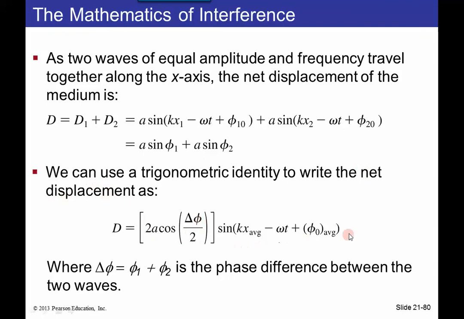We can rewrite this with an average phase, which has an average position and an average initial phase, and this other factor, which is 2a, twice the amplitude, times cosine of delta phi divided by 2. And this delta phi is the difference between kx1 minus omega t plus phi 1 0, and kx2 minus omega t plus phi 2 0.